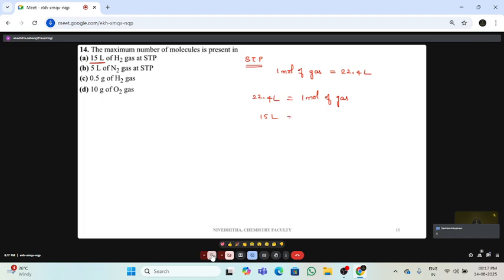So if it is 15 liters, then how many moles is that? So from this, calculate the number of moles in each option and come up with the maximum number of molecules. Easy.